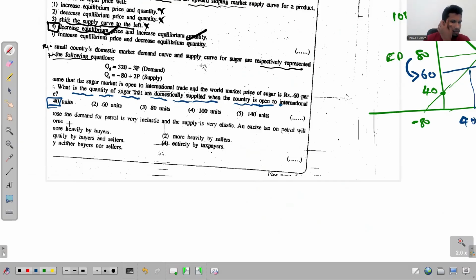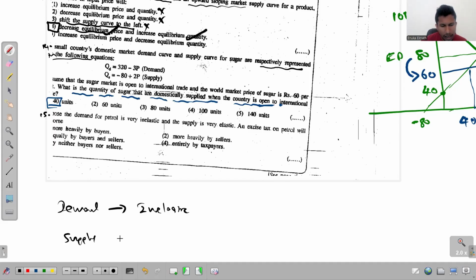Okay, then 15th question. It says, suppose the demand for petrol is very inelastic. So let me write, demand is inelastic. Supply is again elastic.